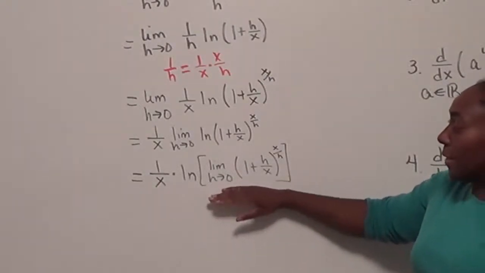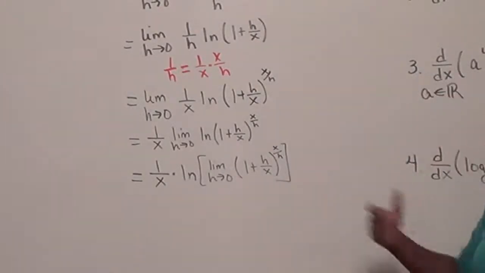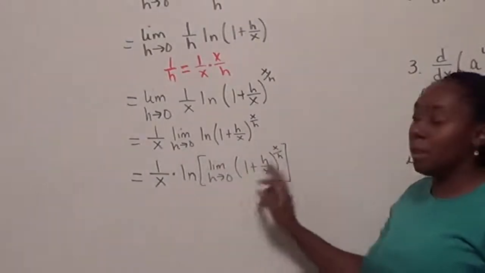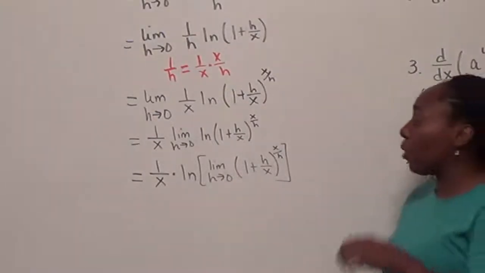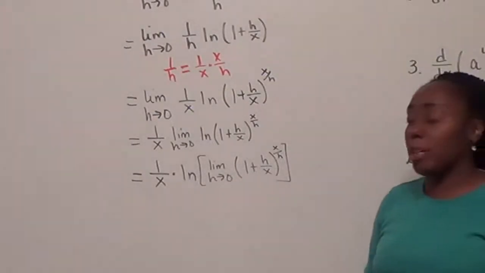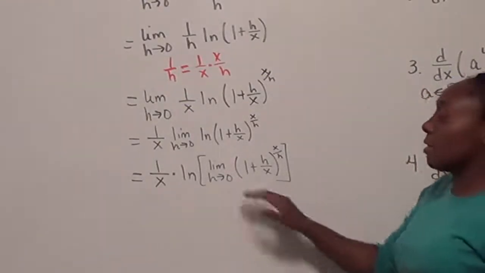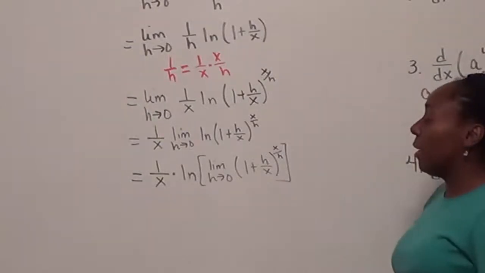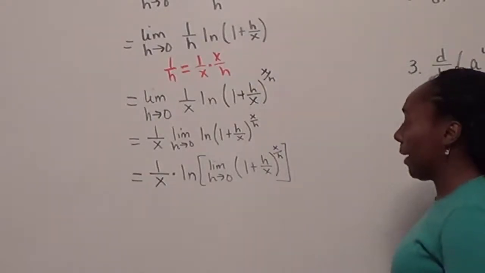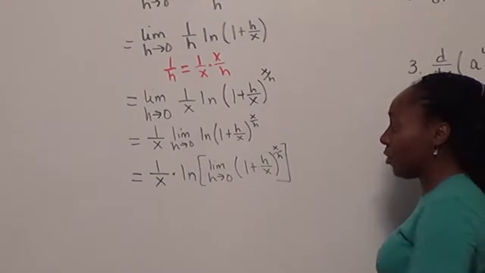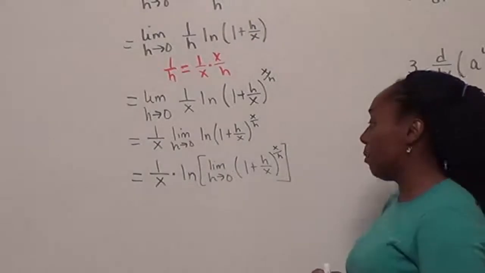If I look at this piece in the brackets here, some of you may recall from pre-calculus that this expression is really important in terms of exponents and logarithms. If you think back to some of your exponential properties and look at things like compound interest, this is an expression that you should be vaguely familiar with. If I take the limit as h approaches 0 of 1 plus h over x to the x over h, this is the definition of our transcendental number e.